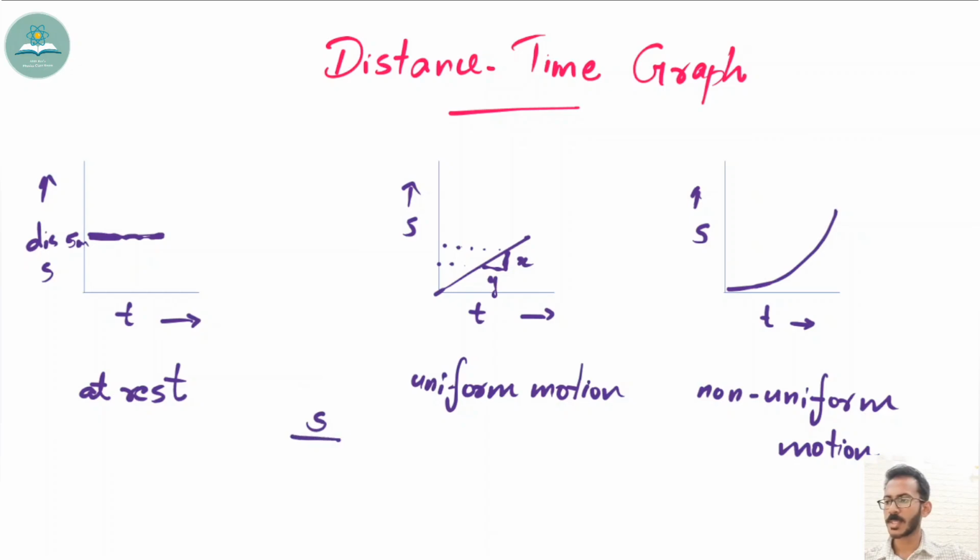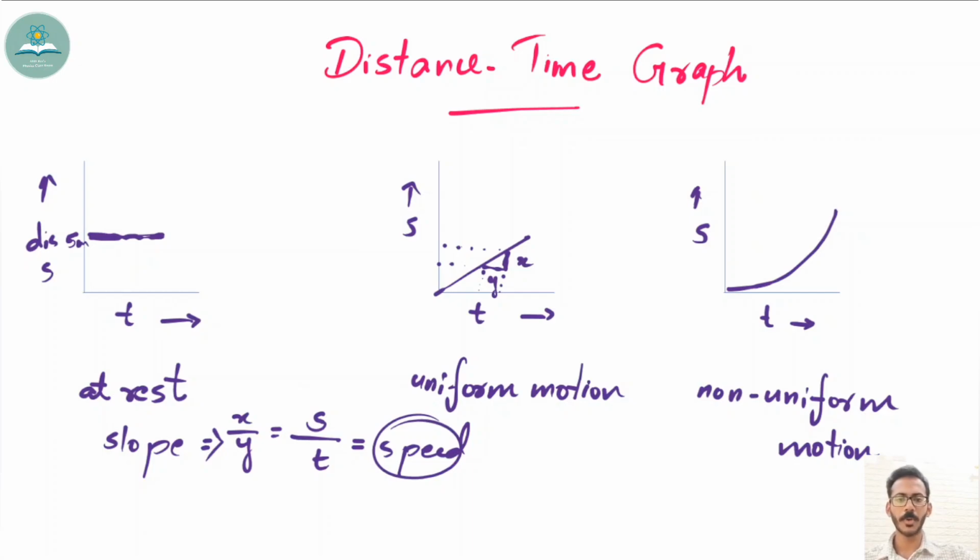The distance divided by, y is this part of the time. So distance by time, you will get speed. So the slope of the distance time graph gives you speed. It's an important point. Please remember this one. Slope of distance time graph gives you speed.